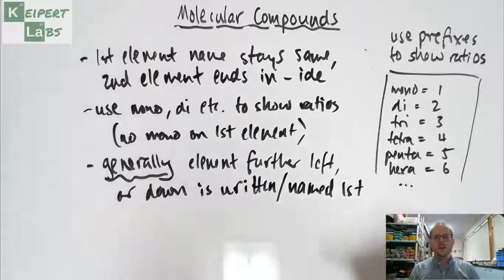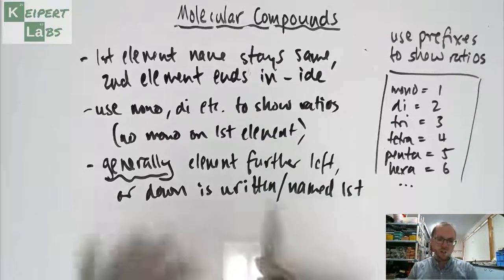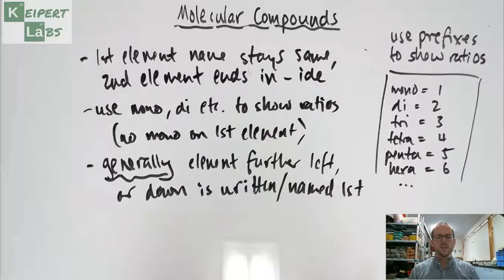So iodine trichloride and not trichlorine iodide. Carbon dioxide and not dioxygen carbide. So that's generally, now there is a little bit more of a specific pattern in the more specific rules, but you don't need to memorize that. But the idea is that this is the general principle that we use.